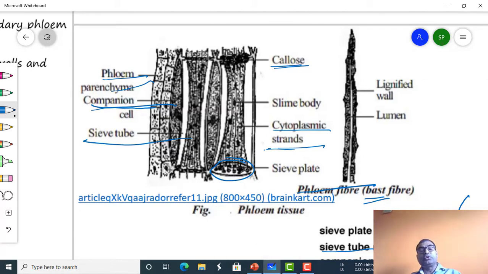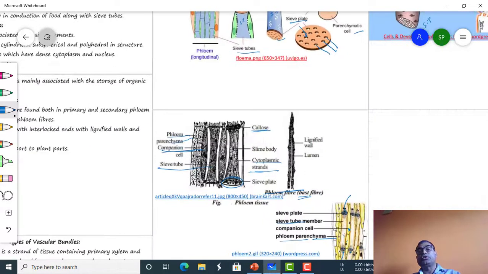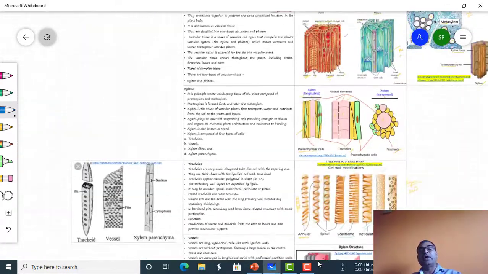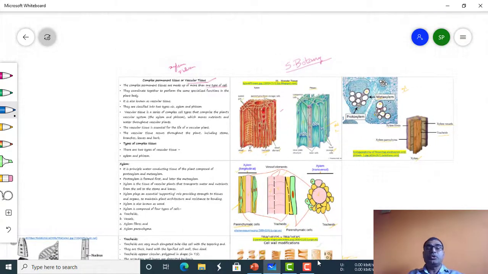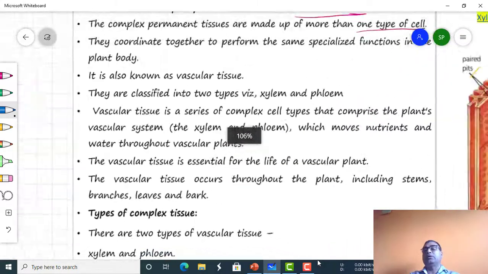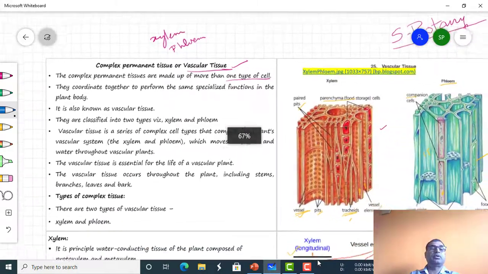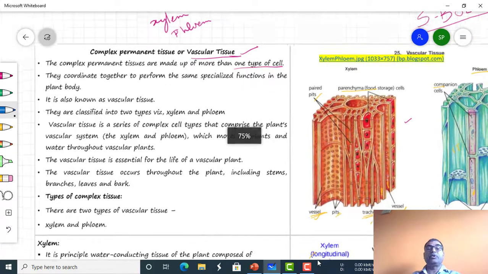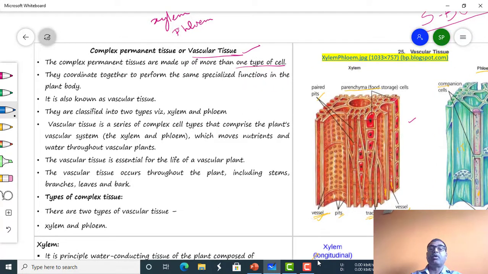Okay, so these are some figures representing the xylem and phloem. Xylem and phloem are the members of complex permanent tissue, or maybe the vascular tissue. The complex permanent tissue is made up of more than one type of cell.